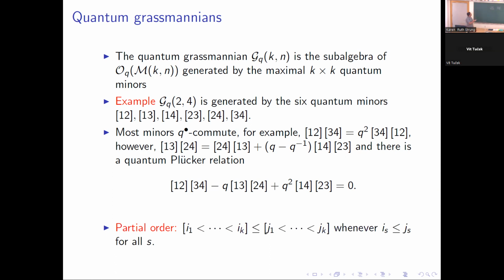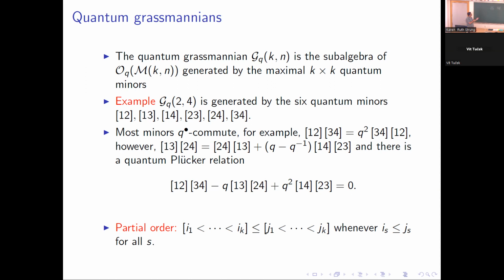Okay, so I would like to give you a bit of an idea of what this algebra looks like before I go any further. For this, I need to define a partial order on the set of generators, which are k by k minors. When I have a k by k minor, I know I'm taking the rows 1 to k, so I will ignore that. But I have to fix which columns I'm picking up to form my quantum minor.